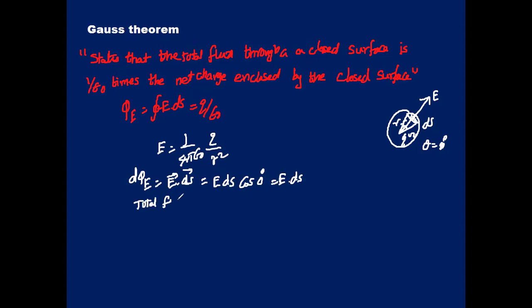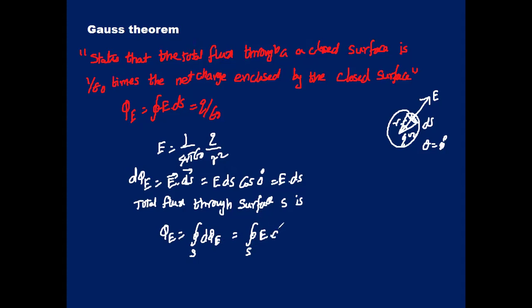Total flux through the surface S is phi E is equal to integral d phi E is equal to integral over S of E dot ds, is equal to E into integral ds. So we can write E into the total surface area of the sphere.